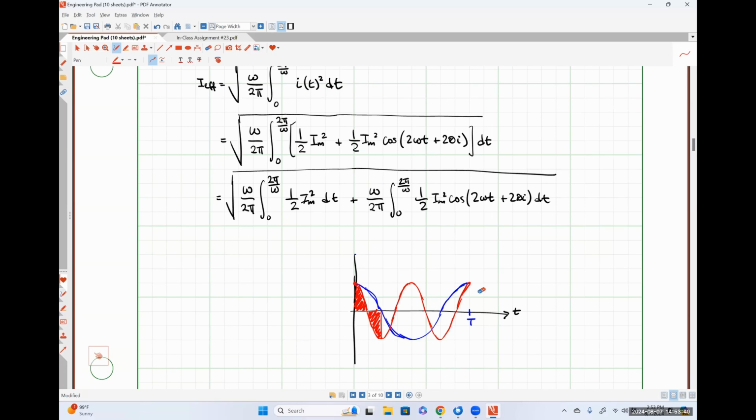Because for any sinusoid, exactly half of the time the signal is above the horizontal axis, and exactly half of the time the signal is below the horizontal axis, and the signal is symmetrical about the horizontal axis. So anytime we're integrating over an integer number of periods, the area above the curve exactly cancels out the area below the curve.